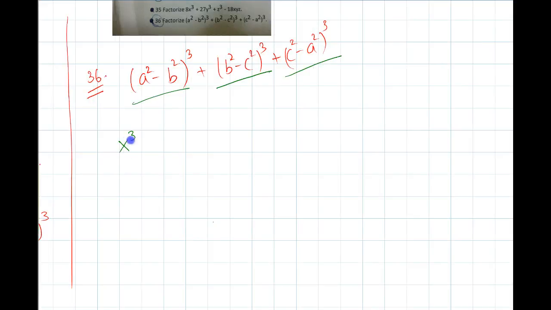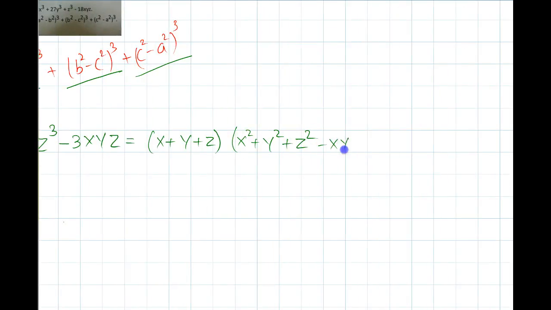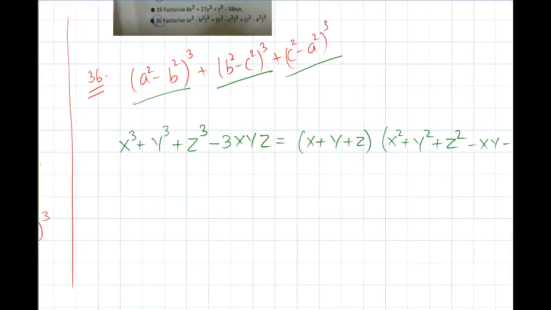What is that identity? X cube plus y cube plus z cube minus 3xyz is equal to x plus y plus z into x square plus y square plus z square minus xy minus yz and minus zx. Now this looks like a very big identity, but the majority of the use of this happens when x plus y plus z is equal to 0.